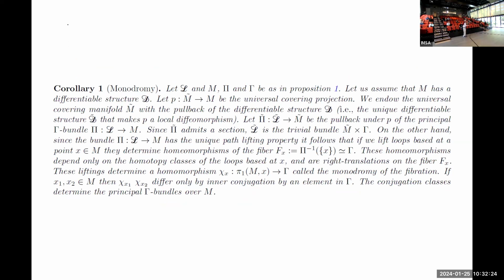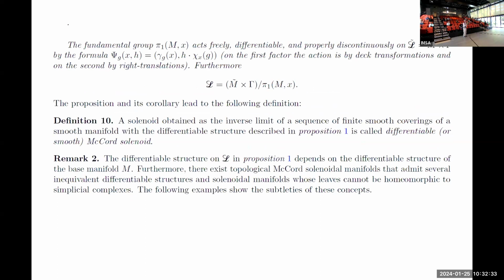Here the monodromy that I was telling you about gives a representation of the Cantor group into almost the Cantor set. And so you can think of this manifold in the following way. Take the universal covering of the base manifold, multiply it by the profinite completion, a Cantor group, and act by this transformation in the obvious way.